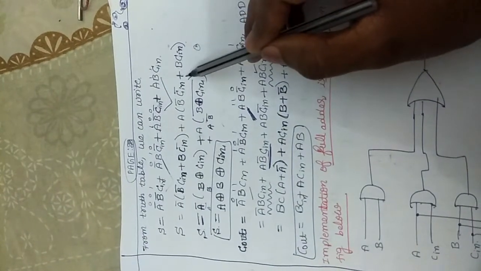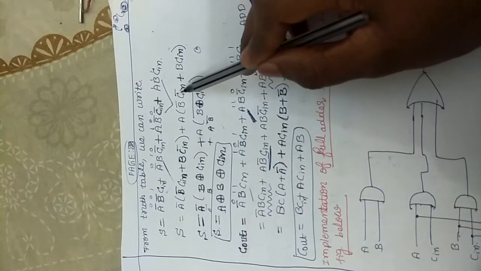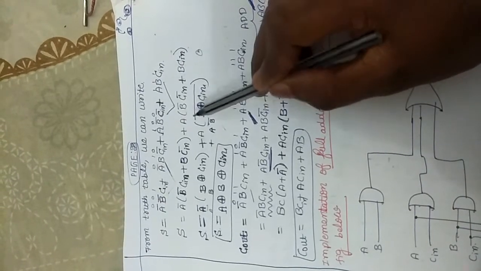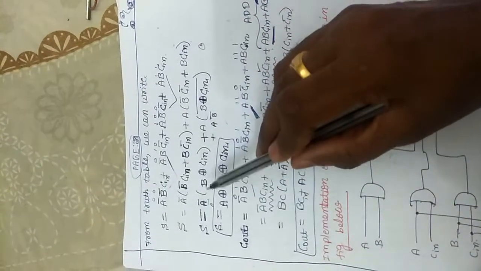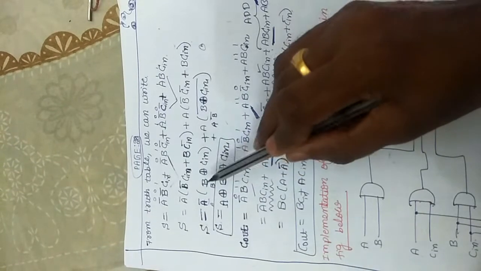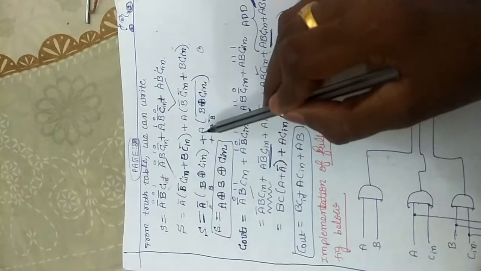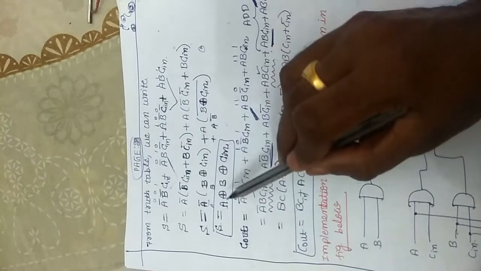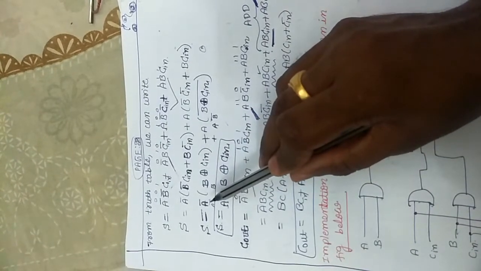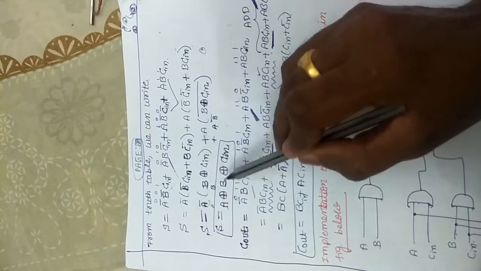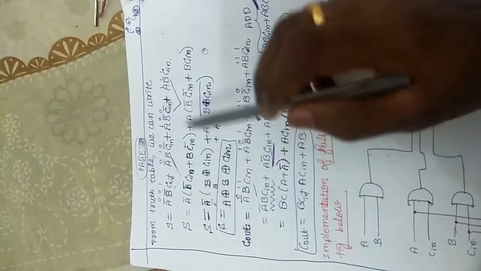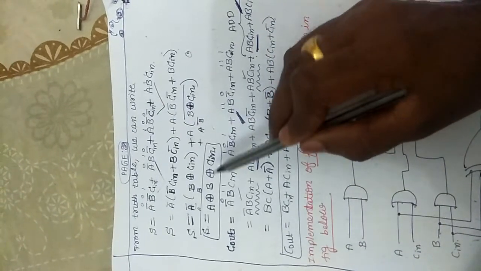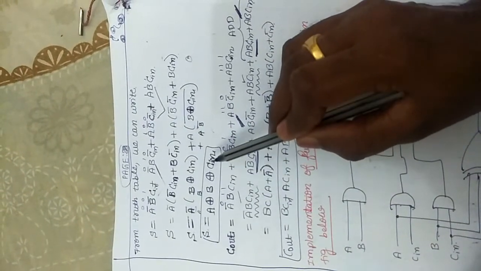This is in the format XNOR, B bar C in bar plus B C in means B XNOR with C in. So this is in the format A bar, you take this whole term as B XOR C in, and A you take this term as B XNOR C in. Then A XOR with this component, B XOR with C. So the sum expression for the full adder is A XOR with B XOR with C in.